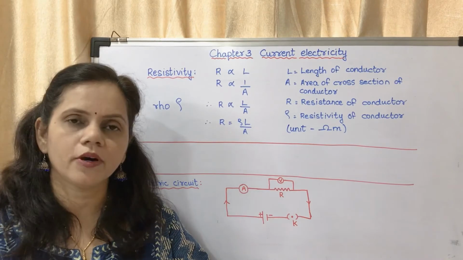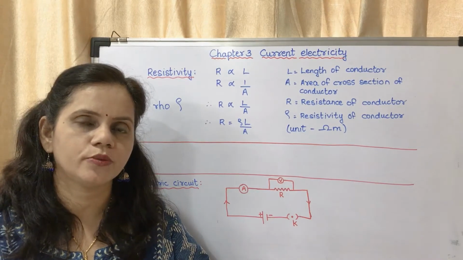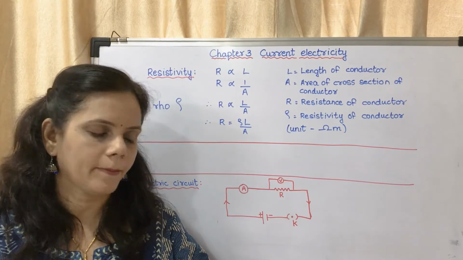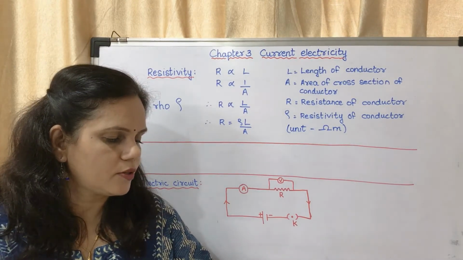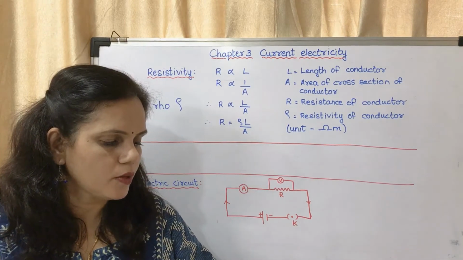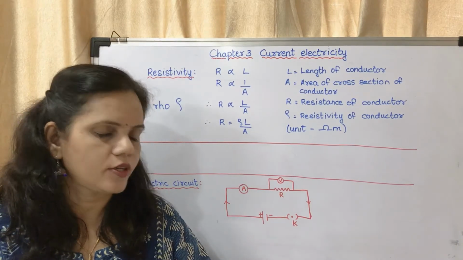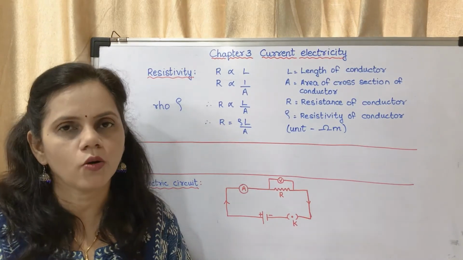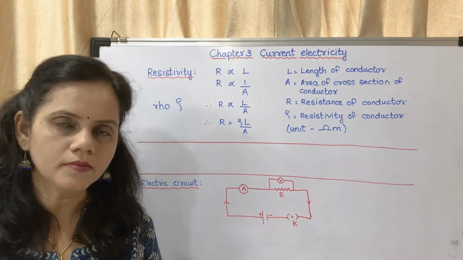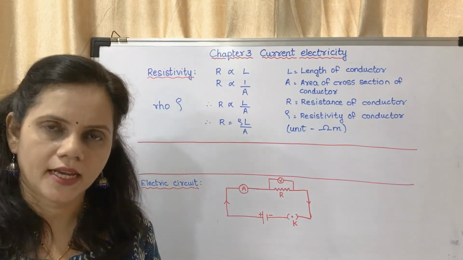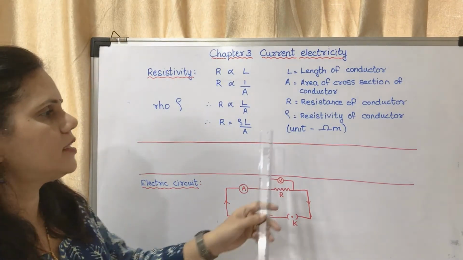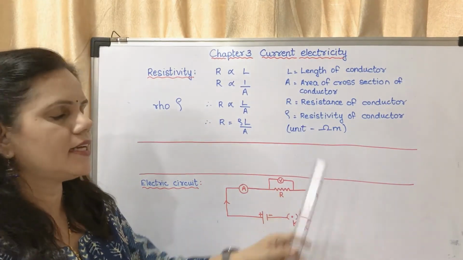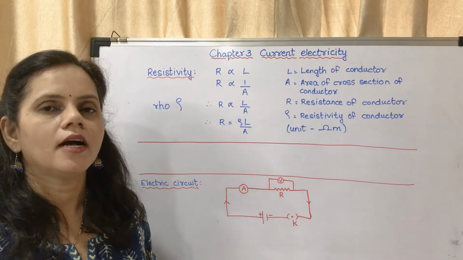Nichrome, it is 1.1 into 10 raised to minus 6 ohm meter. Diamond, it is 1.62 into 10 raised to 13 to 1.62 into 10 raised to 18 ohm meter. Now here you might have noted that the unit of resistivity is ohm meter.